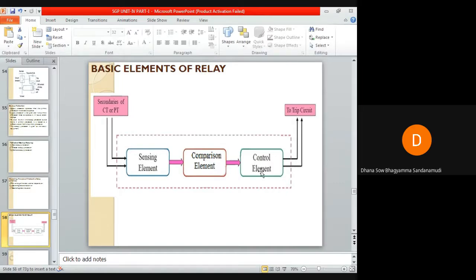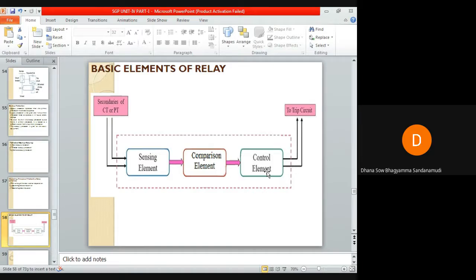Next is the control element. The control element is usually a switch which gets closed and completes the circuit to trigger the circuit breaker and make an alarm signal. In the basic circuit, what we have seen is there will be a trip circuit in which there will be moving contacts and fixed contacts.